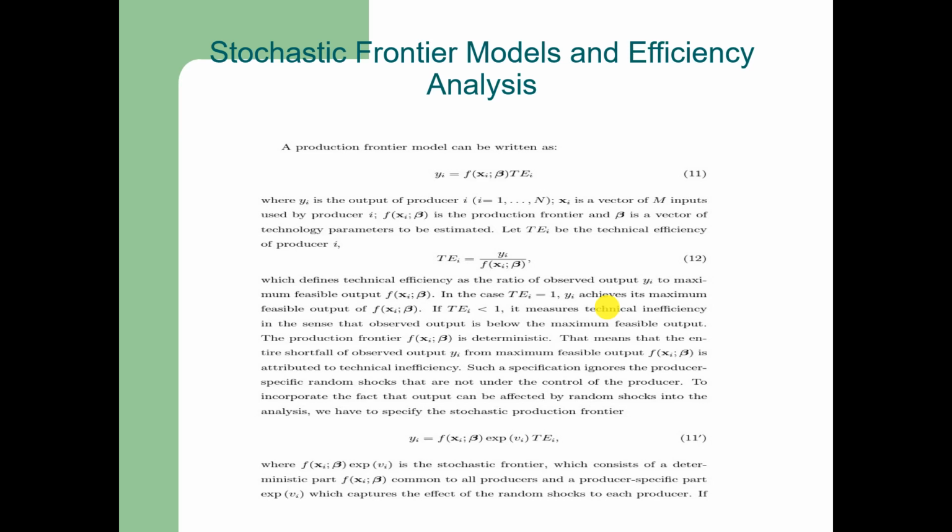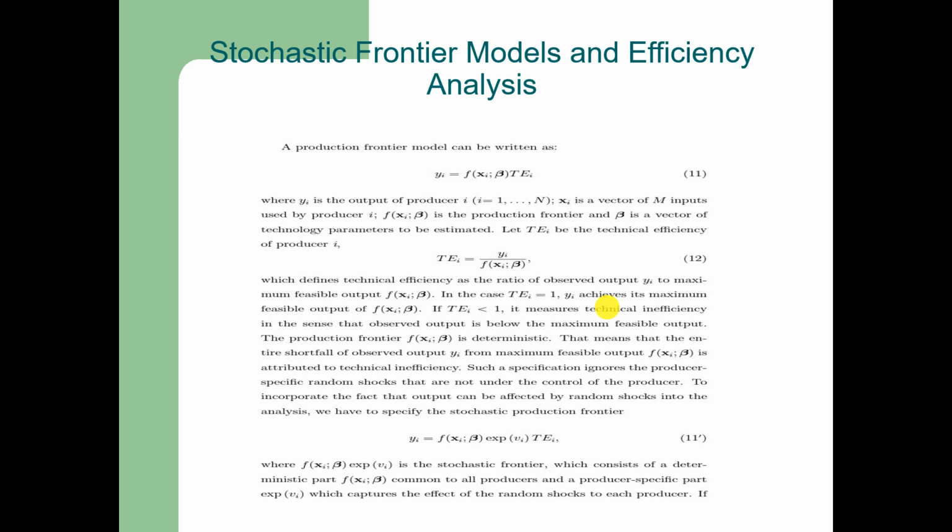The production frontier f of xi beta is deterministic, and it means that the entire shortfall of the observed output yi from the maximum feasible output f of xi beta is attributable to technical inefficiency. Such a specification ignores the producer's specific random shocks that are not under the control of the producer.